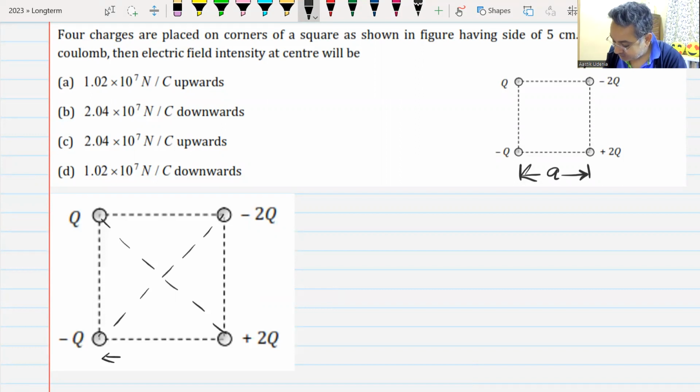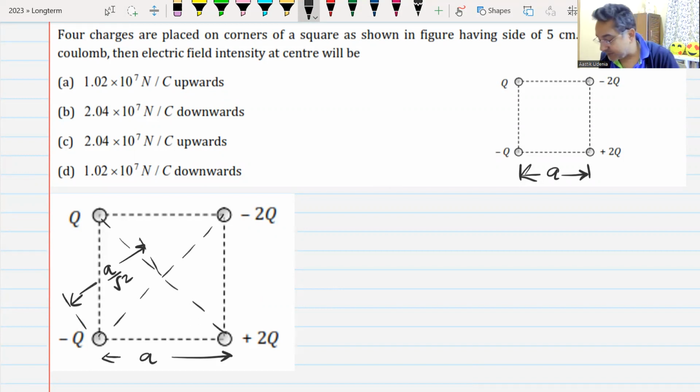If this distance is A, how much would be this distance from the center to here? How much will be this distance? This will be A by root 2. This distance will be A by root 2.